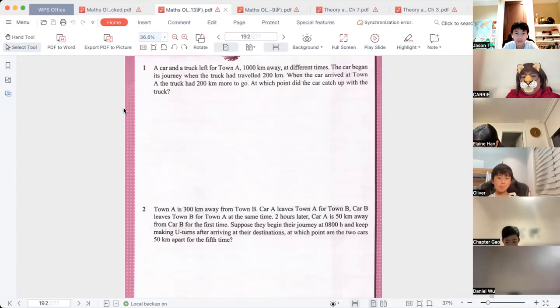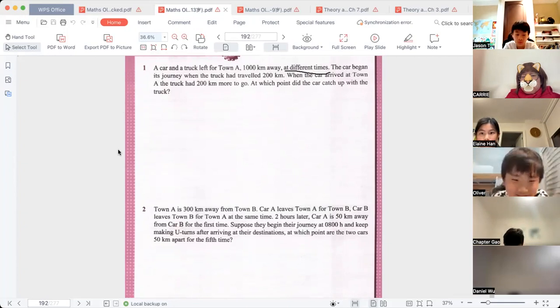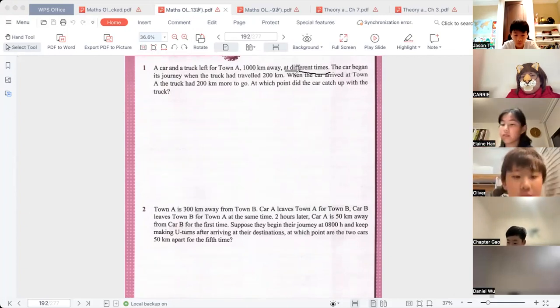A car and a truck left for town A 1,000 kilometers away at different times. Remember, there's a very important thing: at different times. The car began its journey when the truck had traveled 200 kilometers already. That means the car is later than the truck.